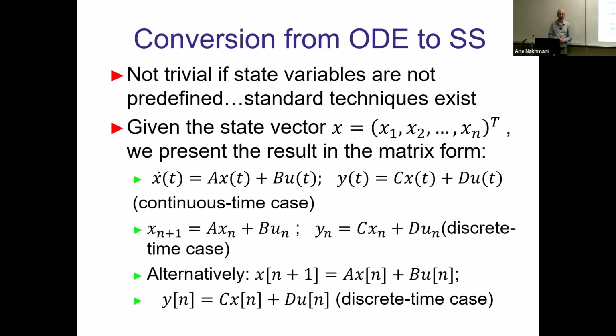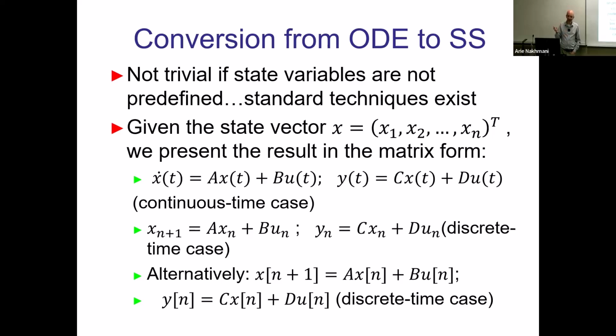So how can you convert back from ODE to state space? This is actually a tricky question, and we'll spend some time on that in one of the future lectures. But it's not that easy, okay? Somebody needs to define your variables.